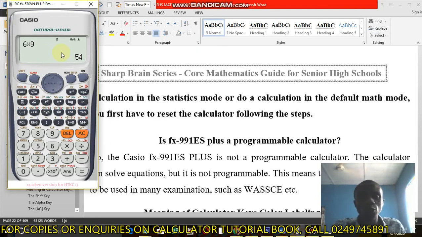But because of the ignorance of some students on the use of the calculator, they end up calculating everything, therefore unable to finish their mathematics paper. Also in section B, you can easily confirm your answer when you are a master of the calculator.